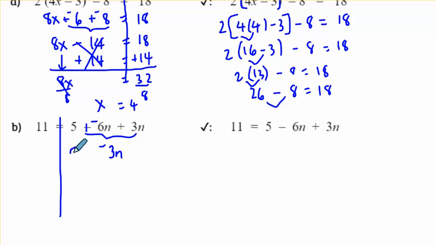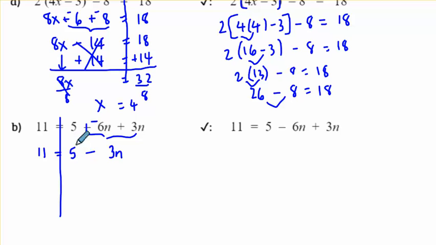And then I bring down my 5 and my plus, and I have an equals and 11 here. Now again, I've got a double sign. This is really sort of messy to me, so I'm going to erase the double sign and replace it just with minus.